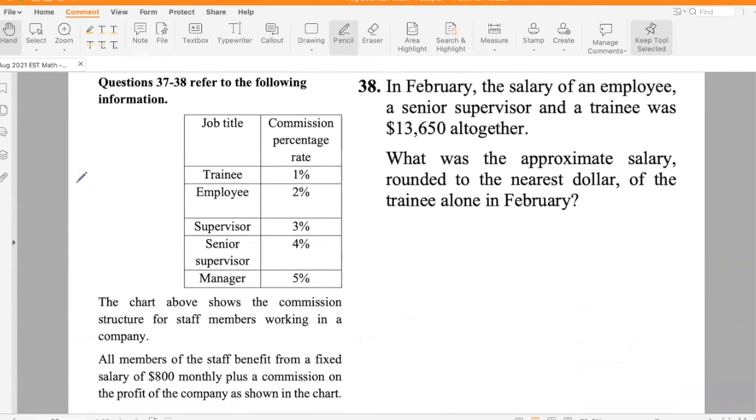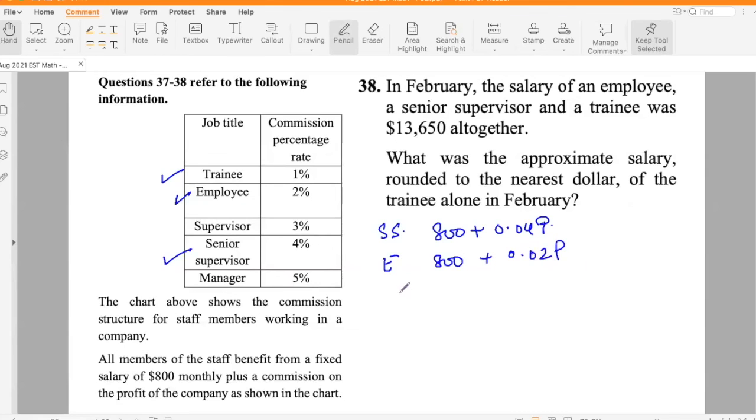Okay, in Feb, the salary of an employee, a senior supervisor, and a trainee was 13,650 together. What was the approximate salary of the trainee alone? Okay. So the senior supervisor would be 800 plus 0.04 times profit. The employee would be 800 plus 0.02 times profit.